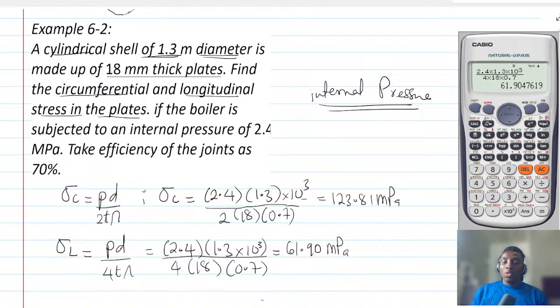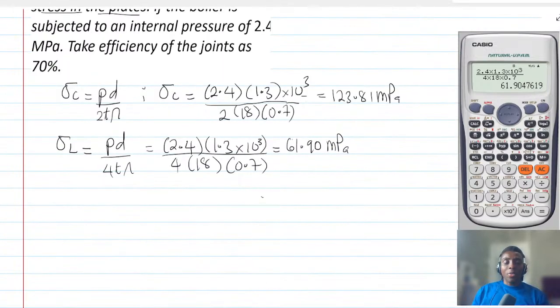So I have a few minutes left with you. I want to solve a certain question which came last year, but it was not from your class. It was a question under pressure vessels which came.